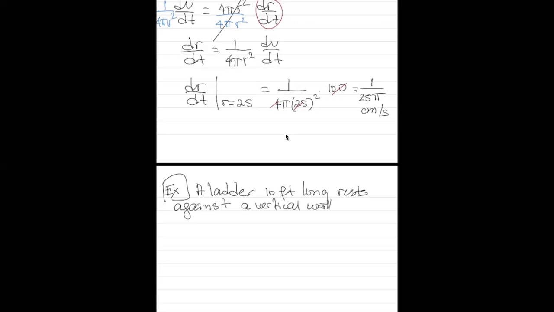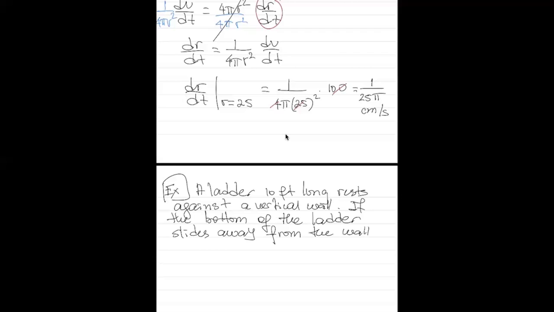If the bottom of the ladder slides away from the wall at a rate of 1 foot per second, how fast is the top of the ladder sliding down the wall?